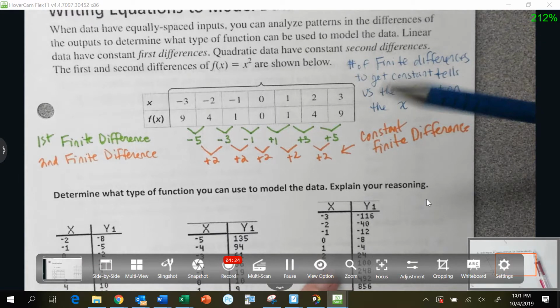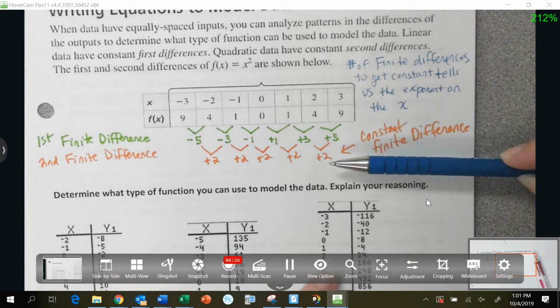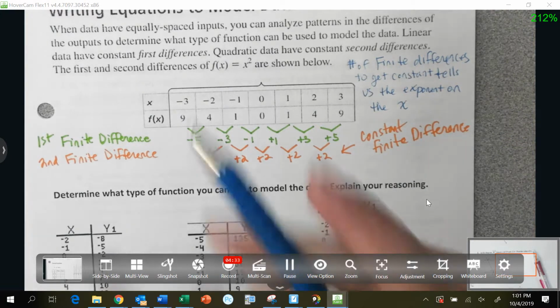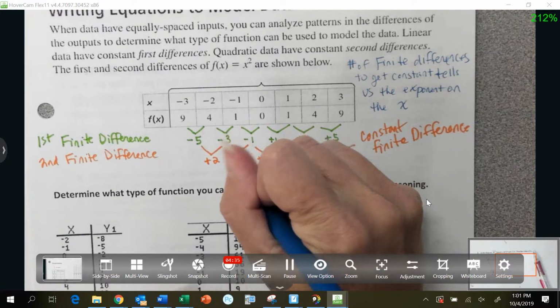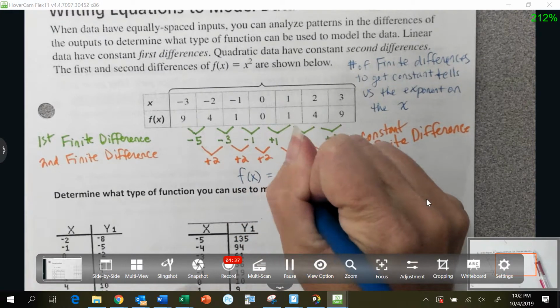So if I go through 2 finite differences and the second finite difference is constant, that tells me this equation is going to have x to what power? It's going to tell us x to the second power.